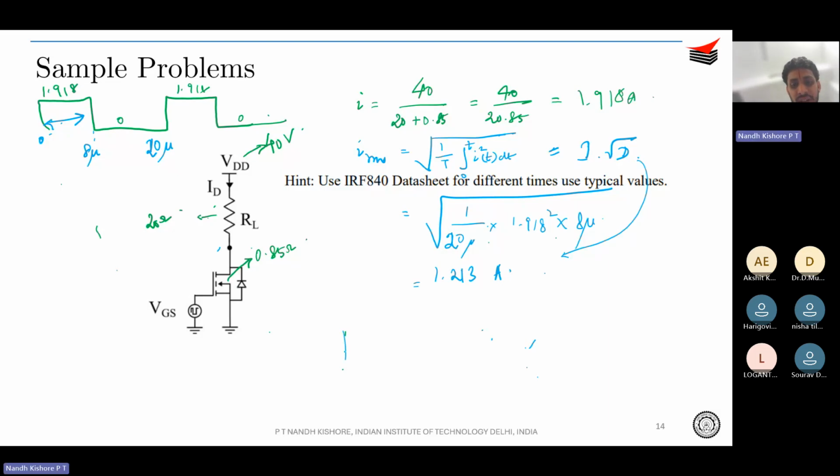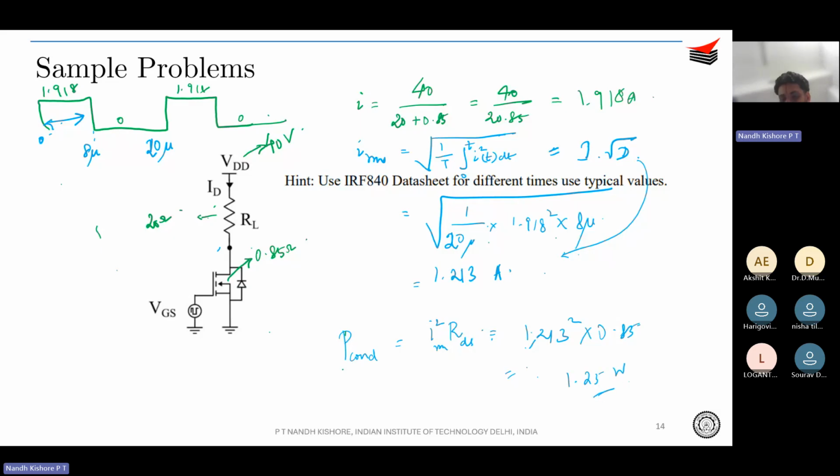So what is the conduction loss? Conduction loss will be I squared R, I RMS squared RDS on. So 1.213 squared into RDS on, which is 0.85. So this turns out to be around 1.25 watts.